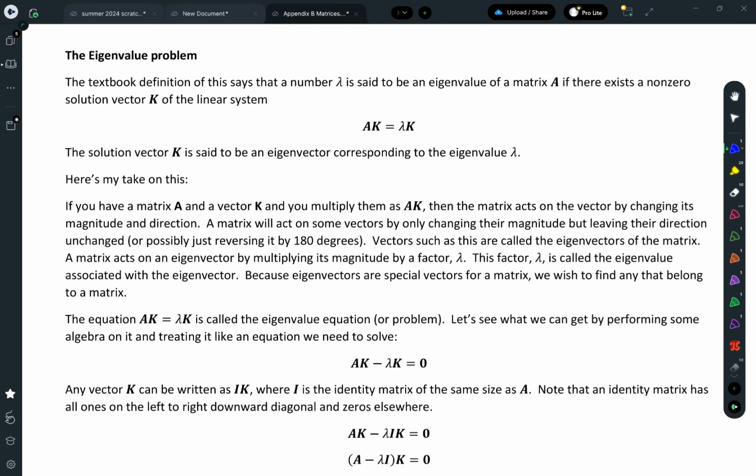The textbook definition of the eigenvalue problem says that a number lambda, just a constant, is said to be an eigenvalue of a matrix A if there exists a non-zero solution vector k of the linear system A times k equals lambda k.